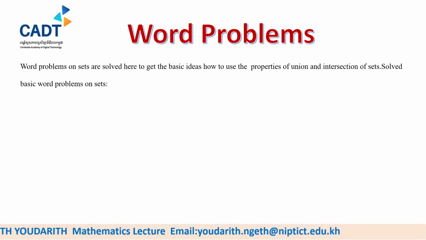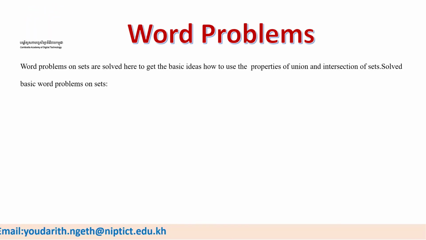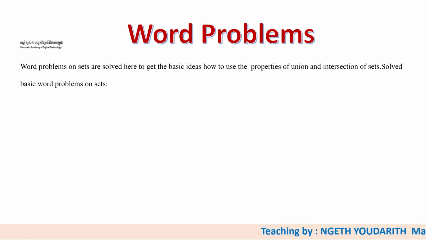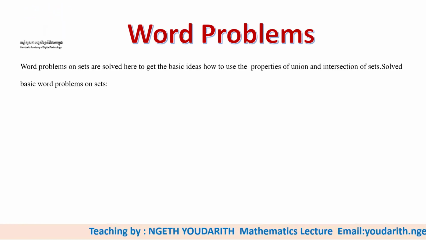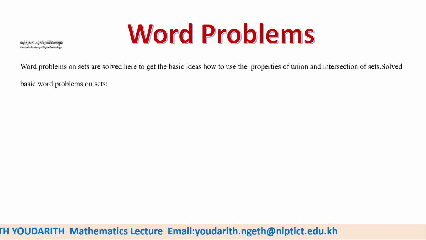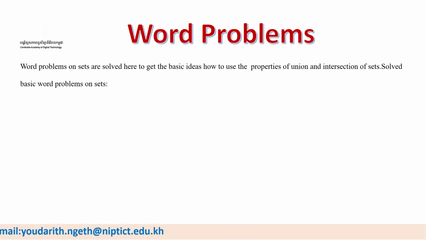The next one talks about word problems on sets. So now let us see our examples on word problems using the properties of union, intersection, complement, difference, symmetric difference, and the Cartesian product.